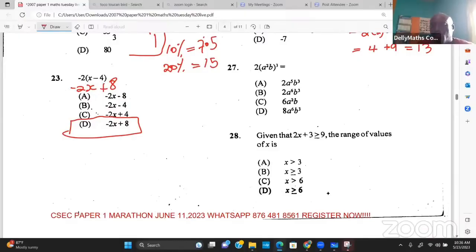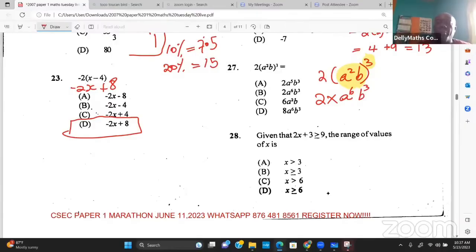Now 2, and then in bracket. Now this one, I think this one tricked a lot of people, so you have to be very careful. This exponent here, this power, only affects what's inside. The 2 is by itself. However, what we're going to have here is a to the 6th and b to the 3rd, right?